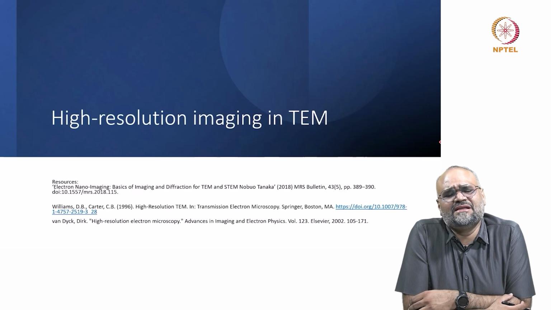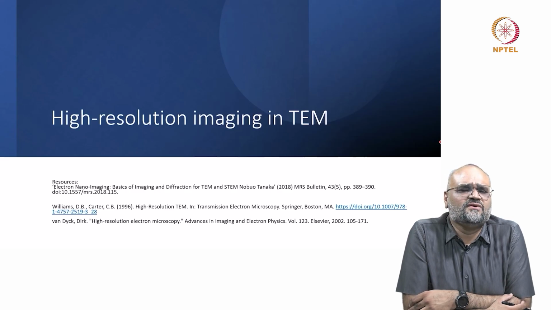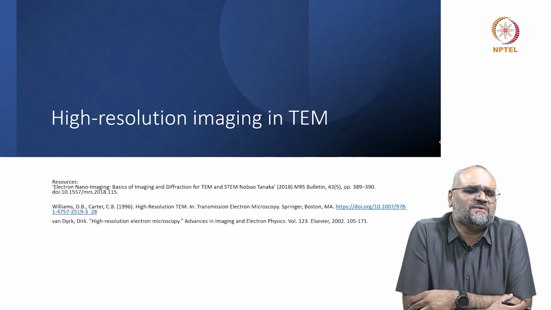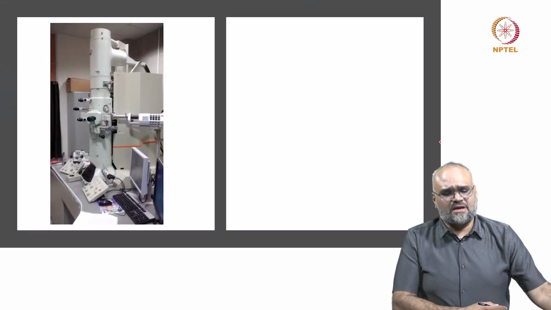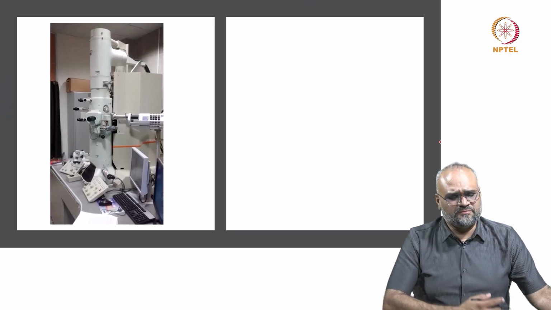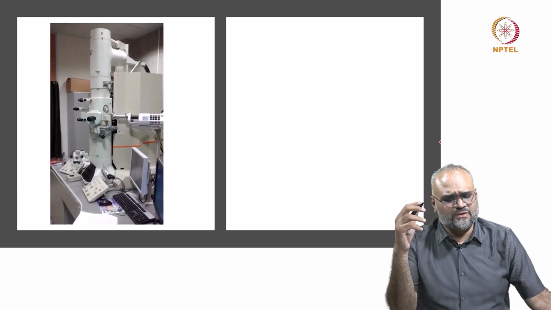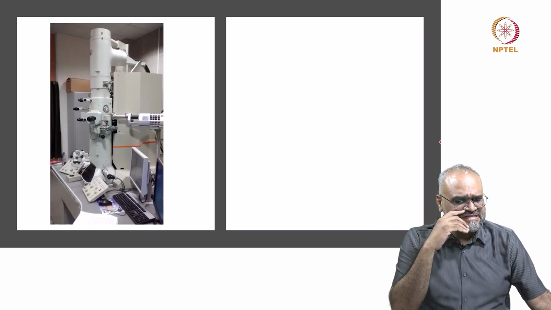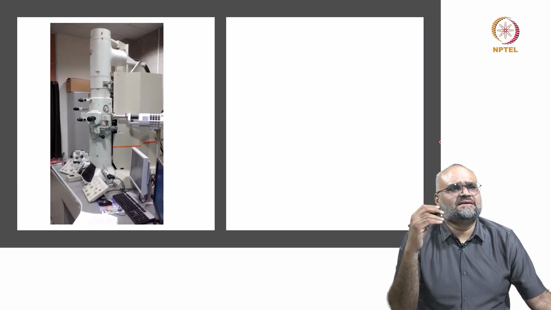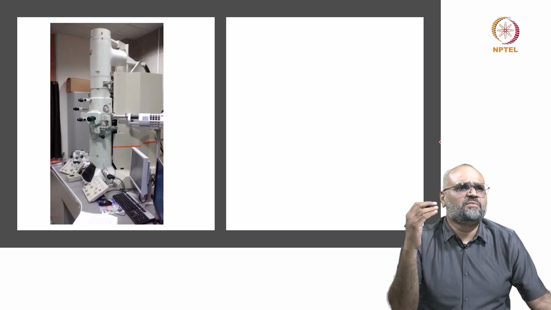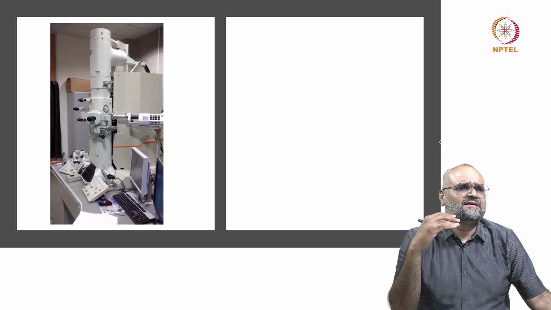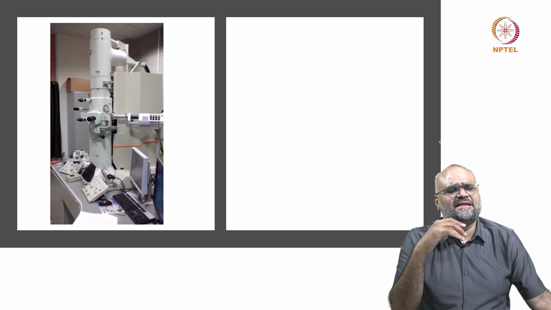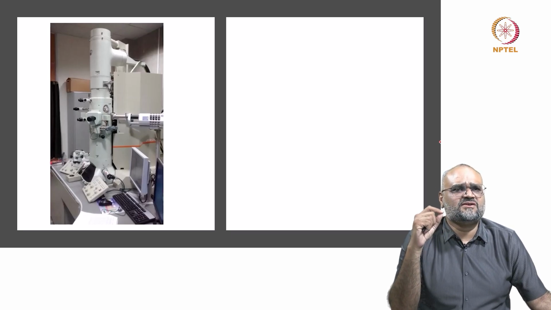Now, before we go into these sessions, I'd like to give you a brief overview of the sequence of operations that you need to do before you start obtaining high resolution images. So, if I look at the microscope, the first thing you need to do is, after you insert the holder, you start with the basic alignments, which is aligning the condenser aperture, bringing the specimen to the eucentric height, and then the most important thing is orienting the specimen into the zone axis.